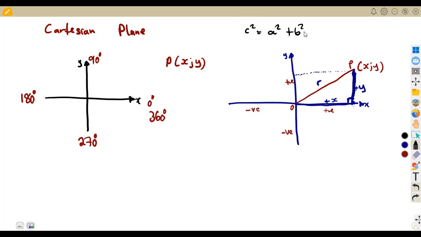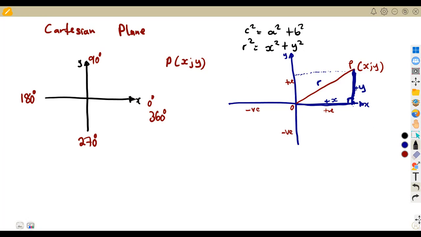So the formula for calculating this side R is R squared is equal to A and B being the shorter sides. So we are now referring to them in terms of X and in terms of Y because of our Cartesian plane. We've got X and Y. So it is going to be given as X squared plus Y squared like that.